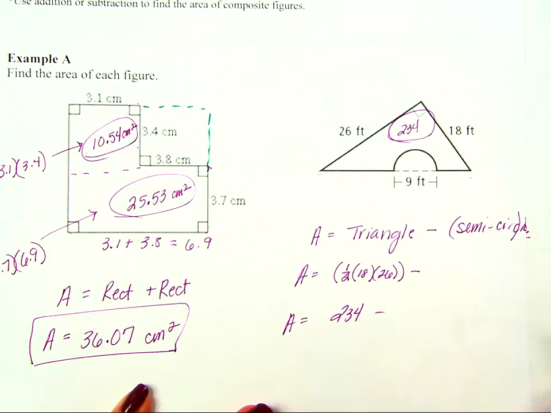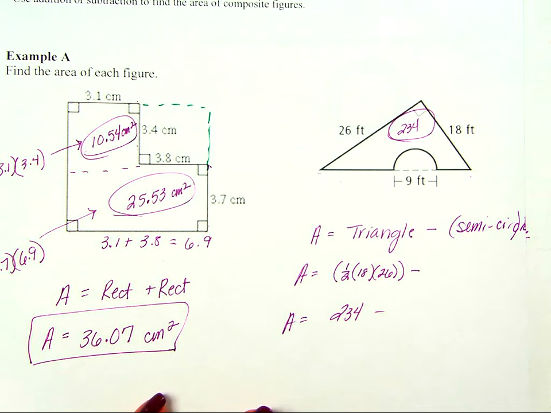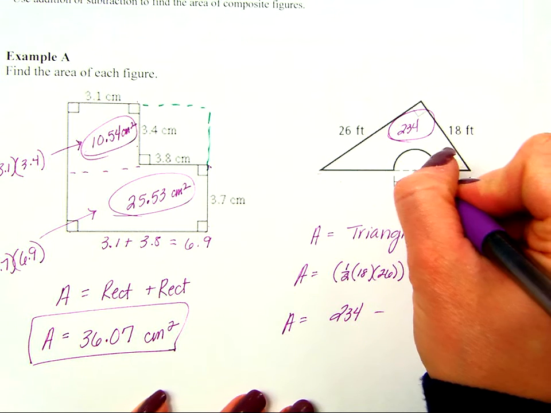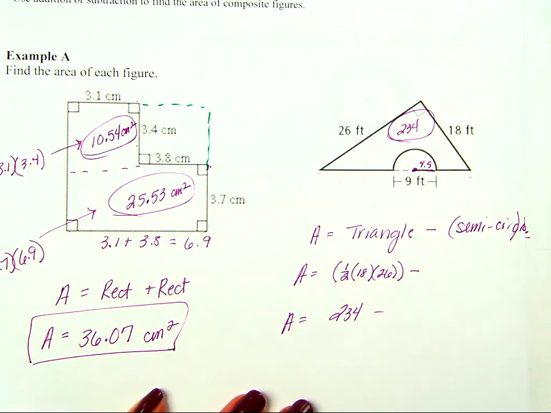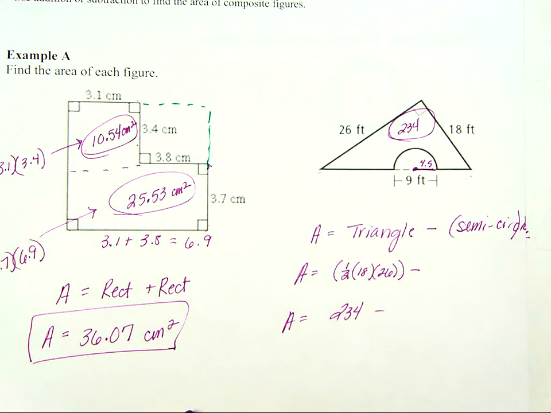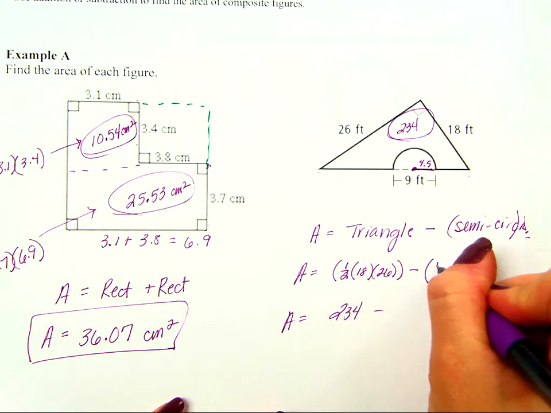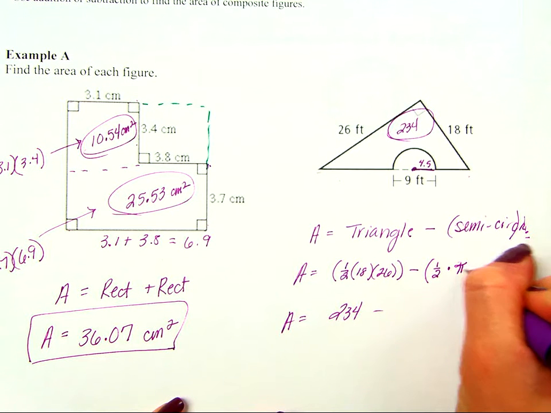I need to think about subtracting out my semicircle. We know a circle is pi r squared. Here, my radius is going to be 4.5, right? So the only thing that we have to remember is it's half of the circle. So I'm actually taking one-half times pi r squared.